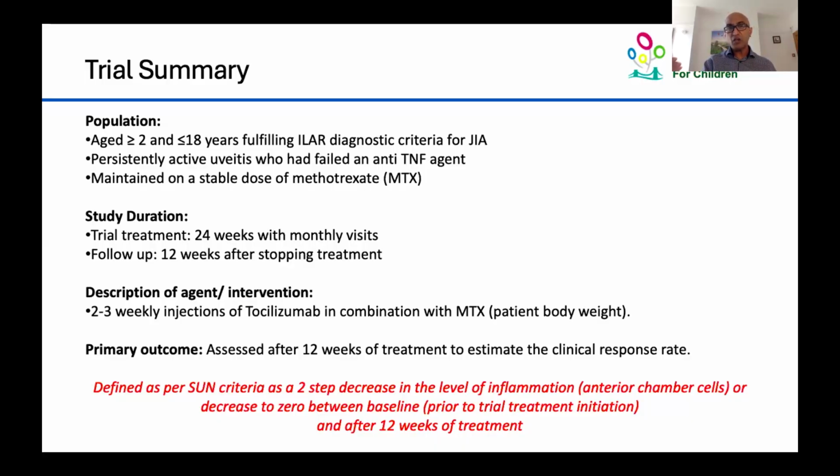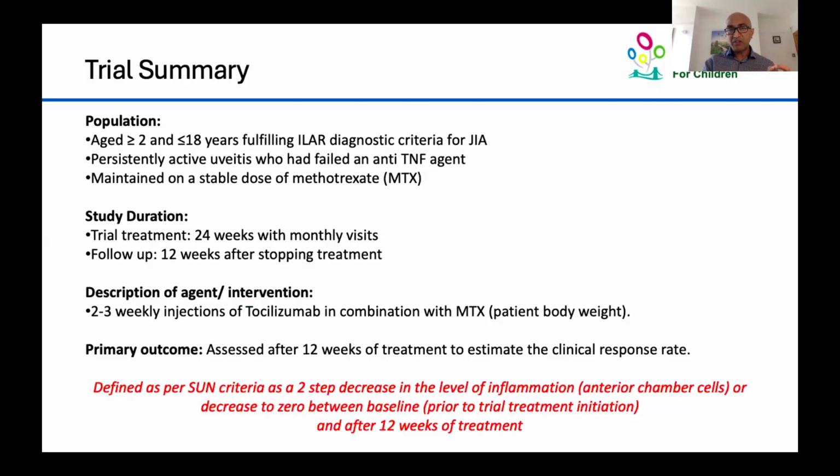So we took the children who have already failed methotrexate and an anti-TNF. So these are really refractory patients. And then we gave them subcutaneous tocilizumab because it was increasingly becoming clear that many children don't want to come into the hospital for intravenous infusions. And in children with arthritis, we had already shown that subcutaneous tocilizumab is as effective as intravenous tocilizumab.